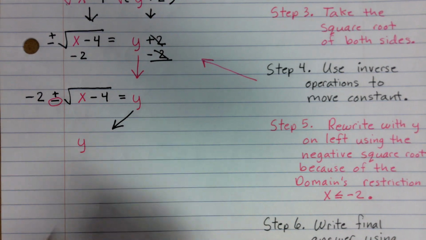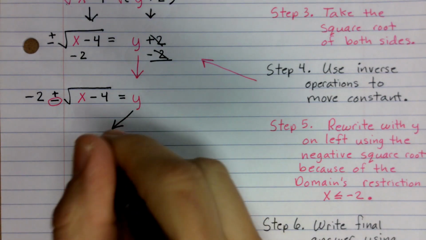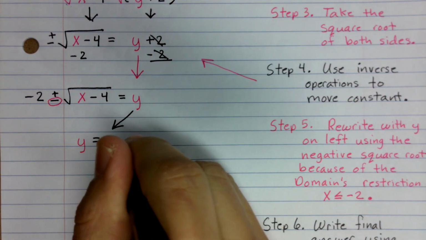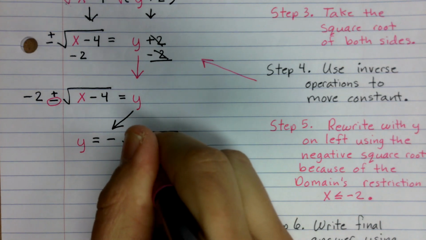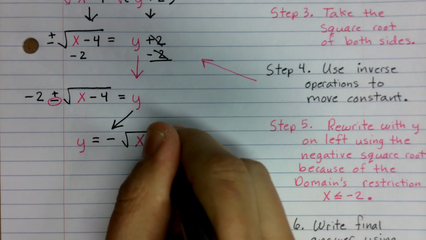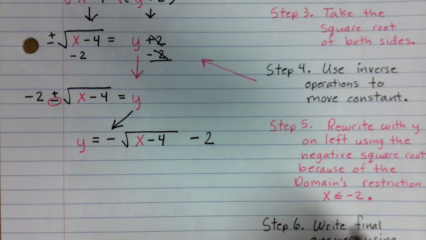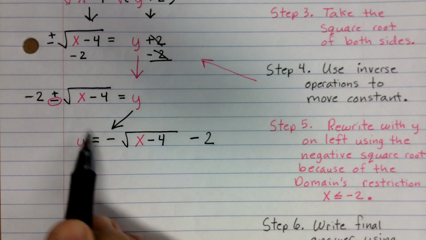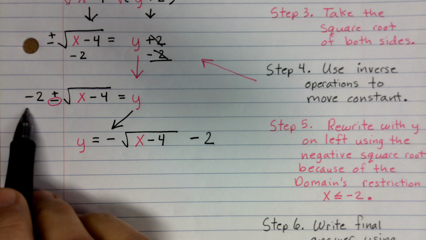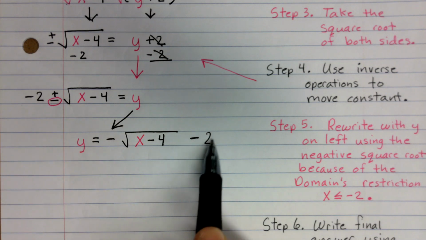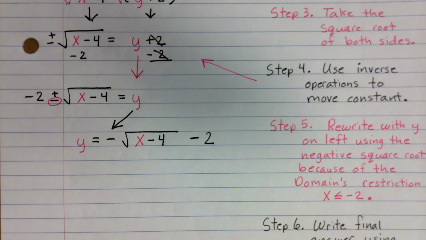So I have y is equal to negative square root of x minus 4, and I'm going to put this -2 at the end. I have all my terms: the negative square root of x minus 4 right here, then our term -2 at the end, and we have our y isolated all by itself in the front.